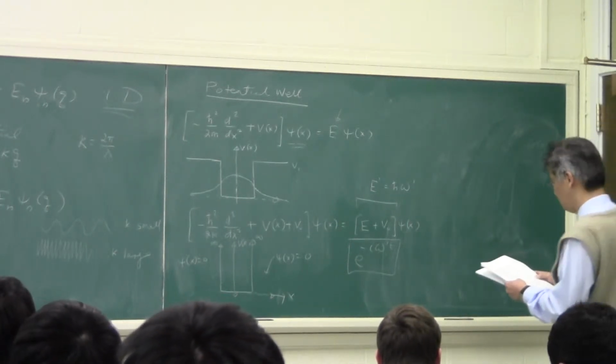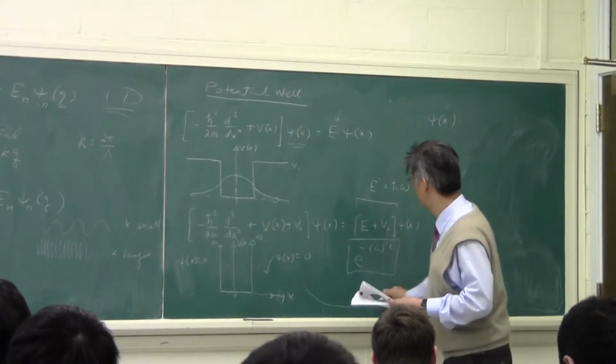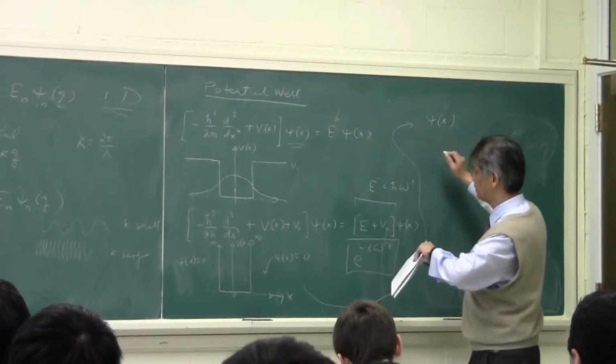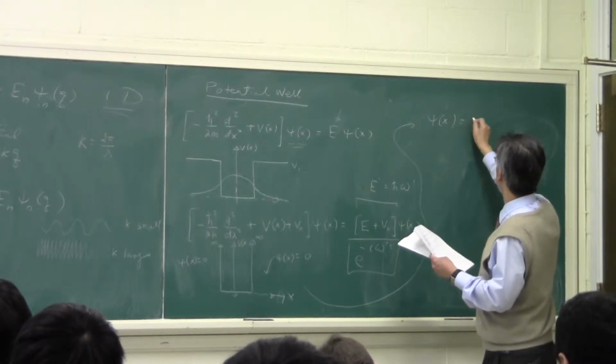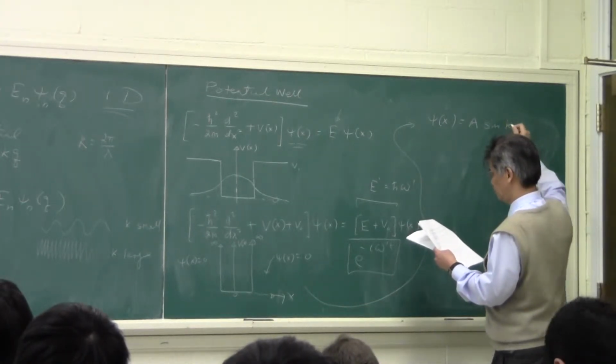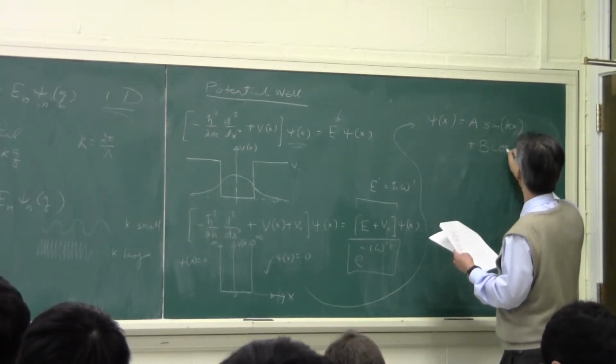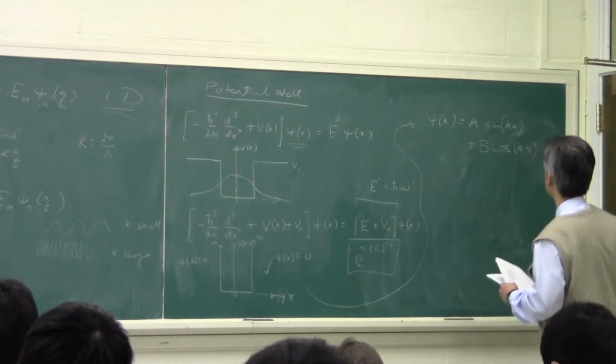So you can write down the solution for this case as being equal to a sine kx plus b cosine kx. Okay?